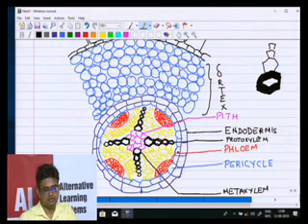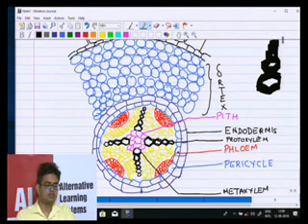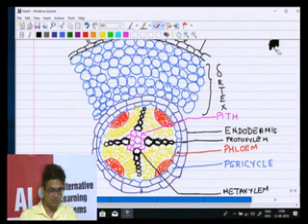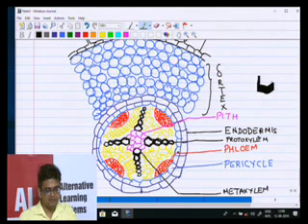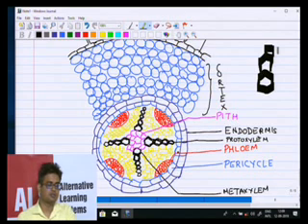The outer vessels are very thin. Okay, this is the condition of xylem.